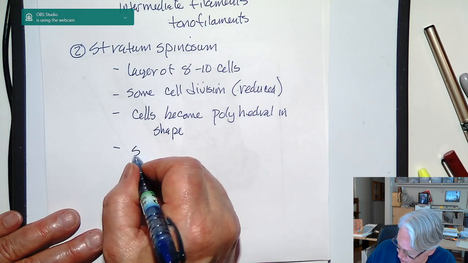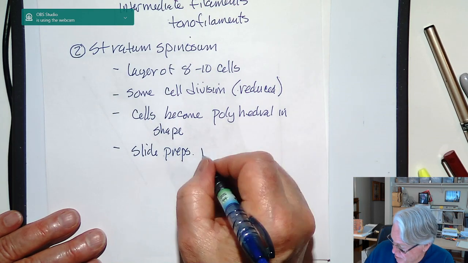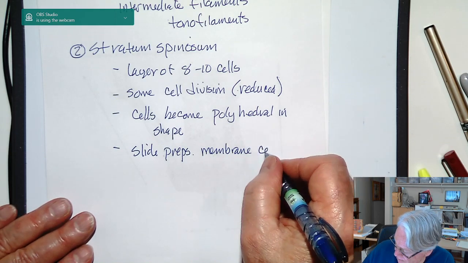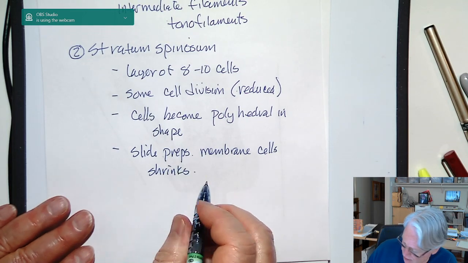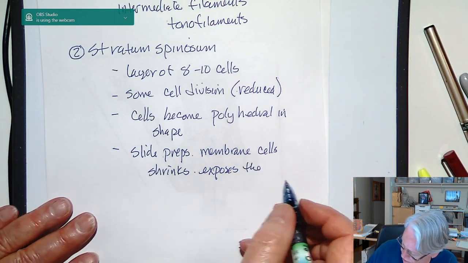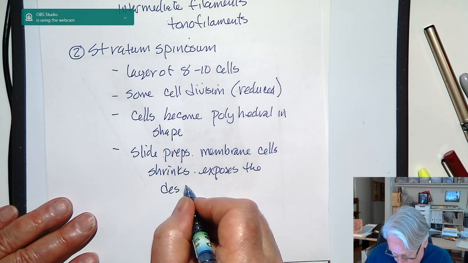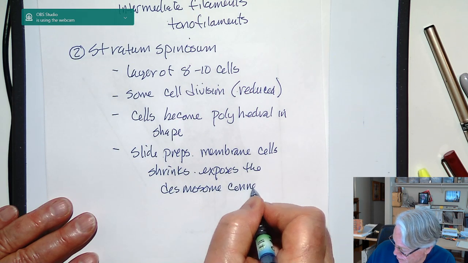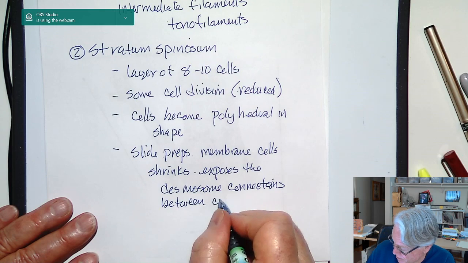And in slide preps, the membrane of the cell shrinks and exposes the desmosome connections between cells.